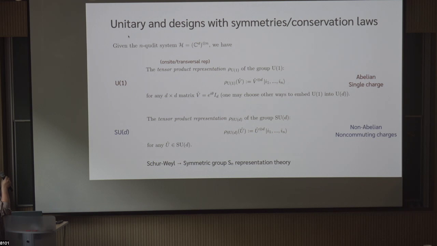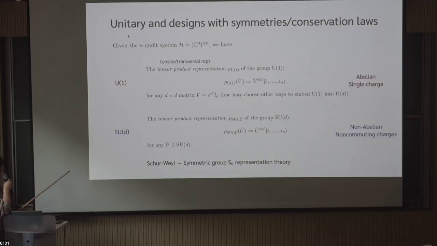Here we can consider the notion over other groups, and for physical motivations, we consider two typical examples, which are the U1 symmetry and SU(d) symmetry. They are respectively abelian and non-abelian continuous symmetries.